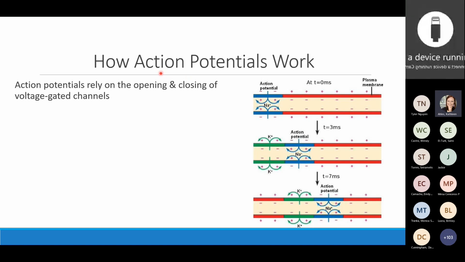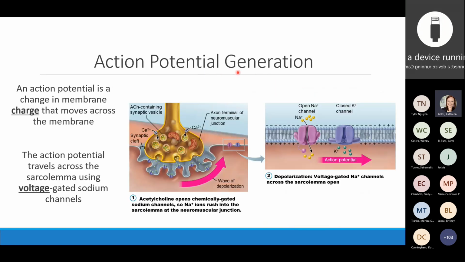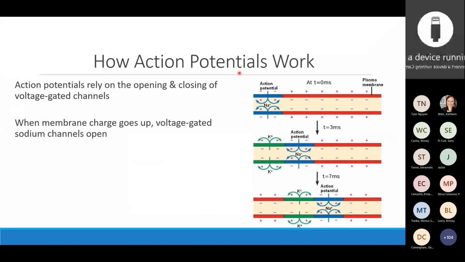What we're looking at is a moving action potential, change in charge. So the first kind of channel to open, we've already talked about, are the voltage-gated sodium channels. When they open up, we're doing depolarization. Remember that depolarizing means that my charge goes up.